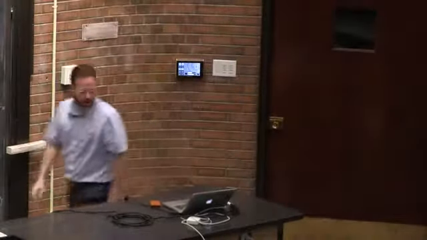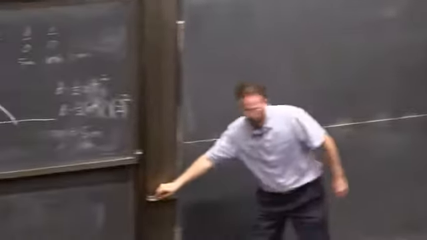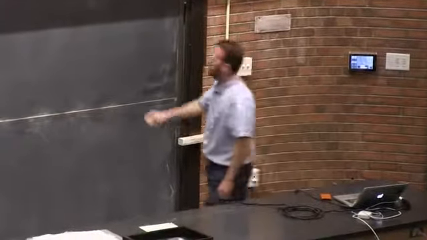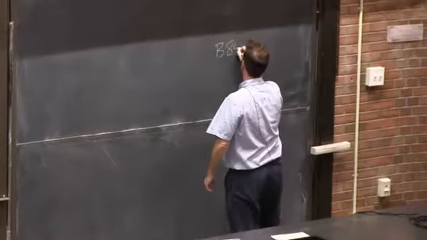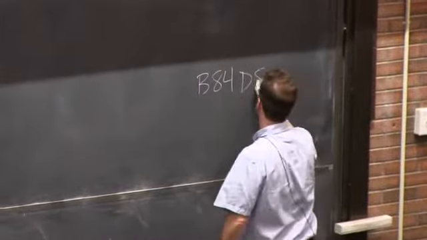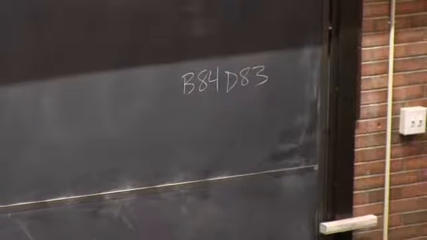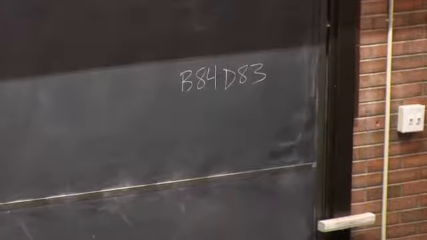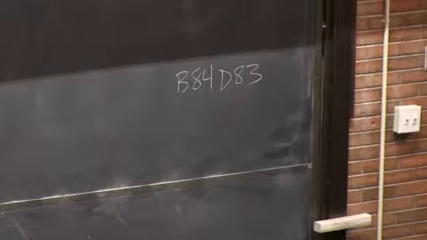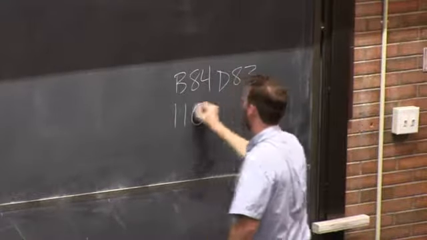Some of you still haven't contacted me. I'm not sure why. B84. D83. These are device ID numbers that are still unassigned. Thus, if this is yours, you're still not getting any credit. So please talk to me. 110.